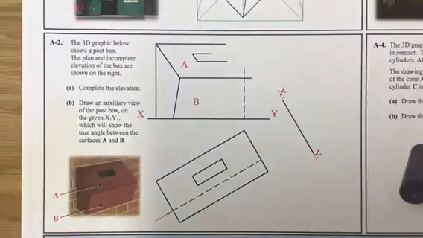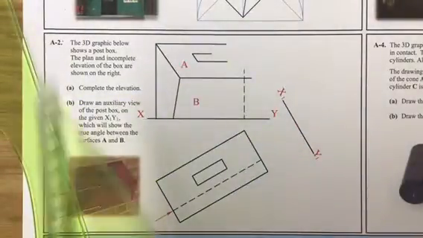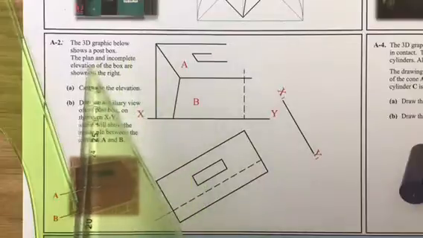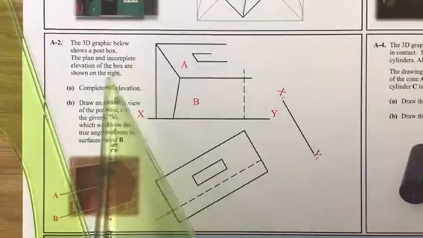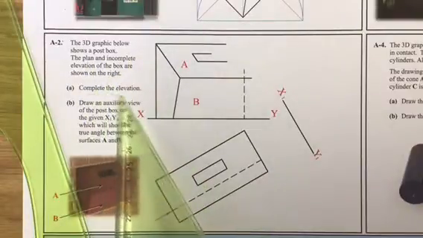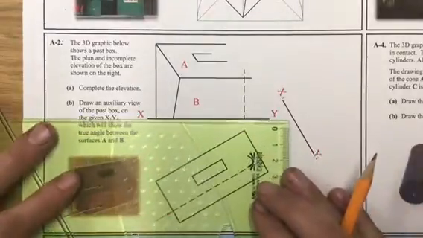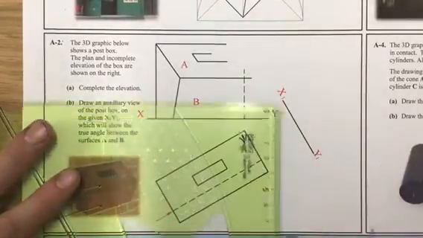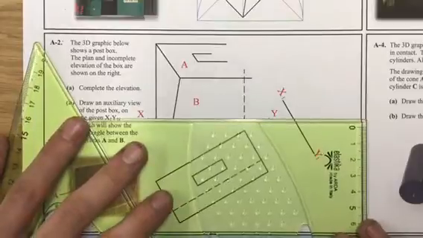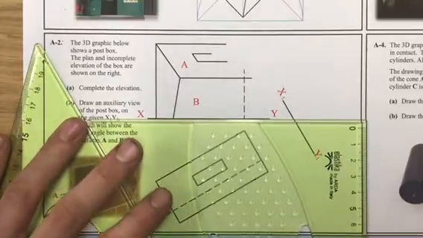Right, so question 2 is directly below that. The 3D graphic below shows a post box. The plan and incomplete elevation of the box are shown on the right. Complete the elevation. So the first thing we'll do is complete the elevation. That's the back corner, so that's already kind of started there. Going to bring up this front corner.